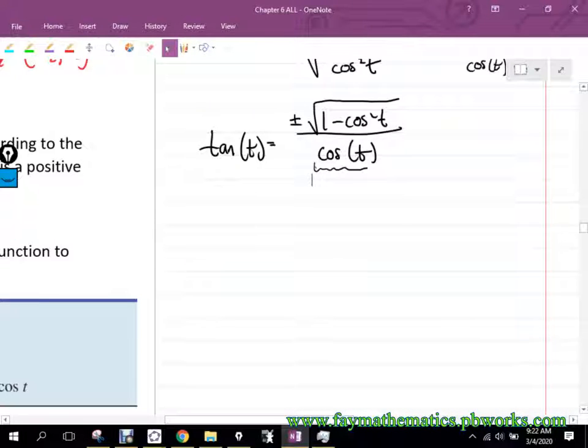So right now, I've got to choose. Do I take a positive divided by a negative, which is going to be negative, or do I take a negative divided by a negative? Negative divided by a negative. So I have to choose that sign there. That kind of makes sense?